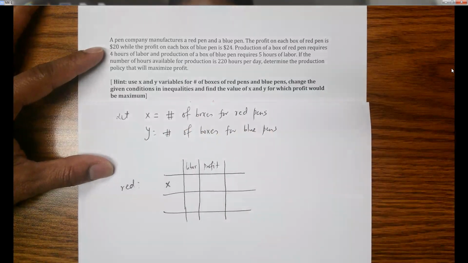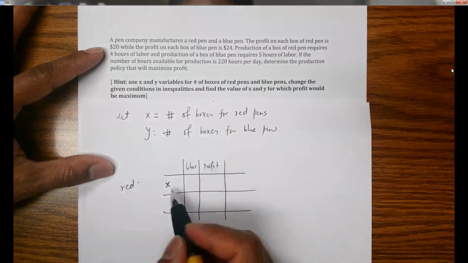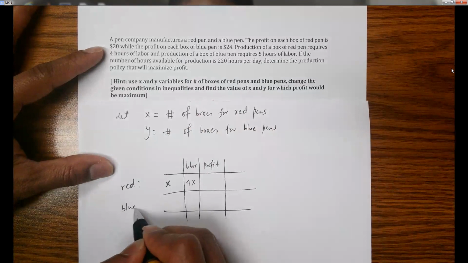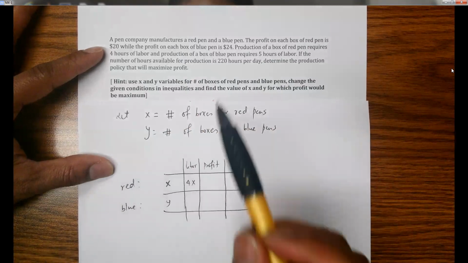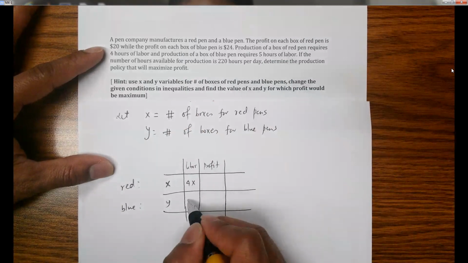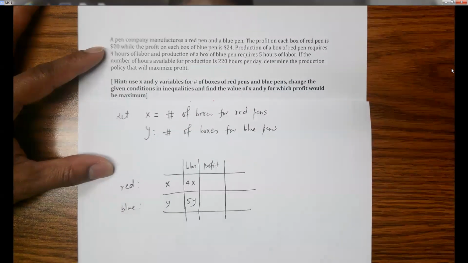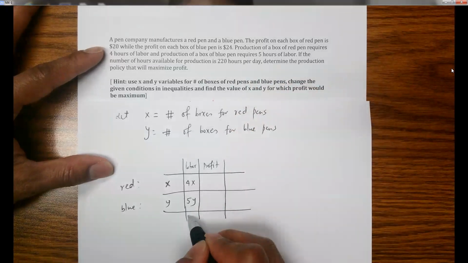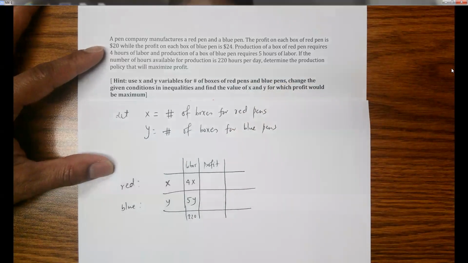So the total labor we need for this is 4X. Similarly, for the blue pen, it takes 5 hours to produce 1 box. So to produce Y many boxes, we need 5Y. But there is a restriction, which is 220 hours. So we can't exceed that restriction, 220.